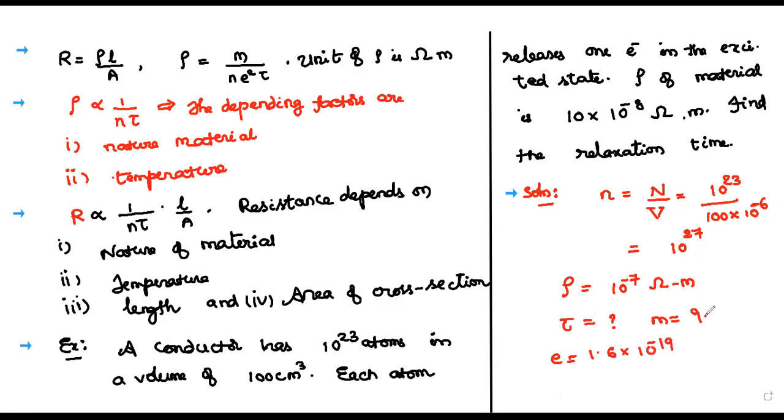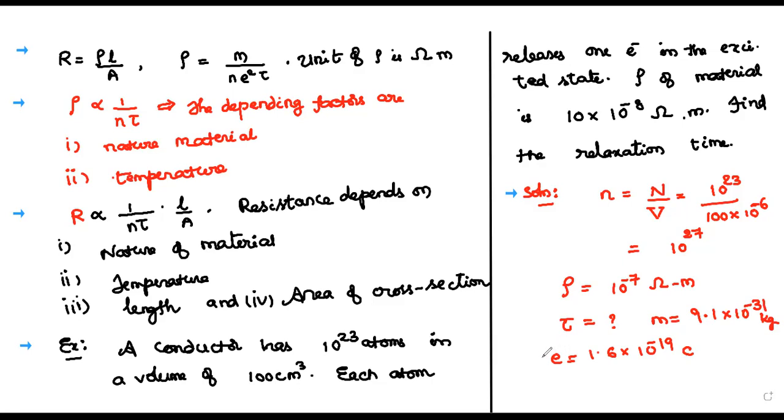Mass is 9.1 into 10 to the power of minus 31 kg. I think all of you remember. Approximately you can take it as 9. And e is 1.6 into 10 to the power minus 19 coulombs.